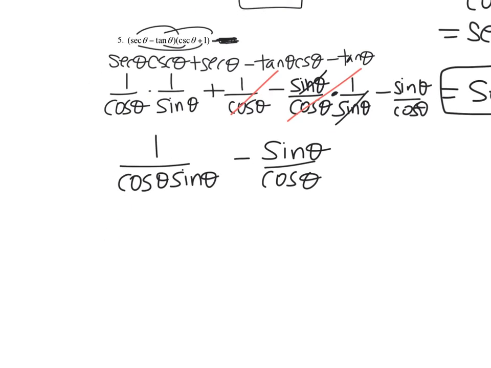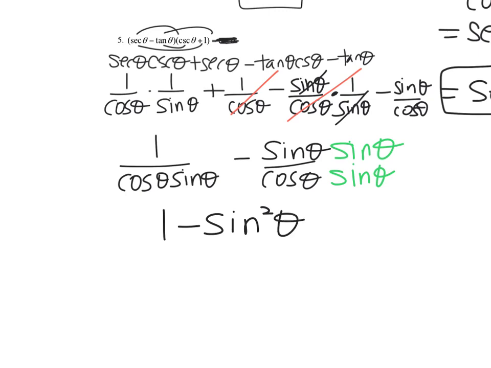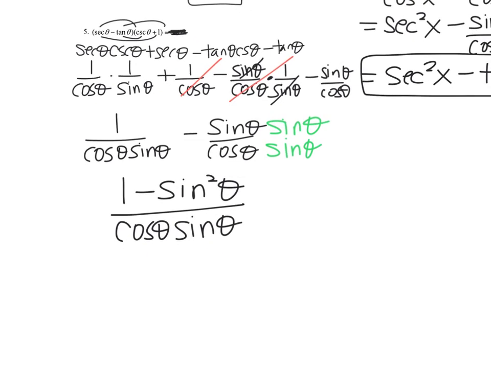I need to get a common denominator here. So I'm going to multiply top and bottom by sine of theta, so that I'll have cosine sine and cosine sine for my common denominator. When I do that, I get 1 minus sine squared all over cosine sine. And are you getting used to these Pythagorean identities? What is 1 minus sine squared?